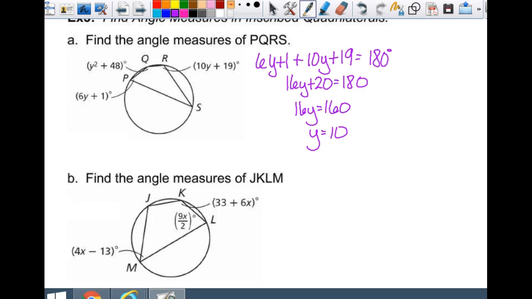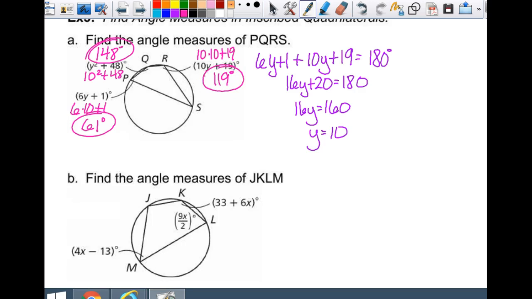So then I need to plug those in. So I get 6 times 10 plus 1, which is 61 degrees. Then y squared plus 48, so 10 squared plus 48 is going to be 148 degrees. 10 times 10 plus 19 is going to be 119.